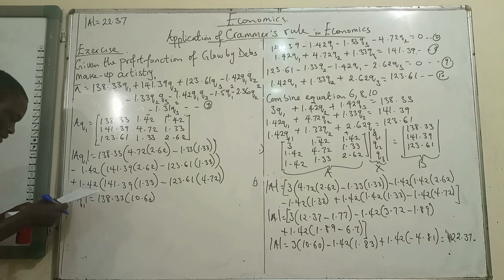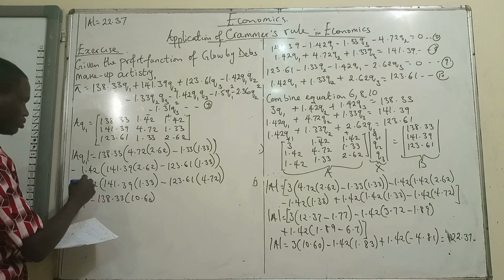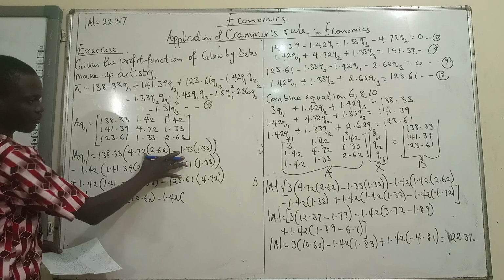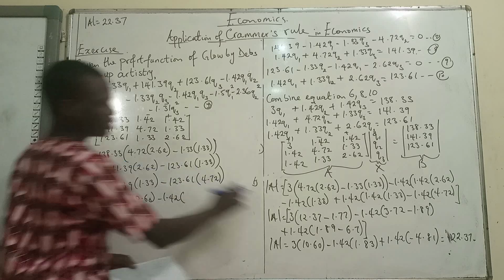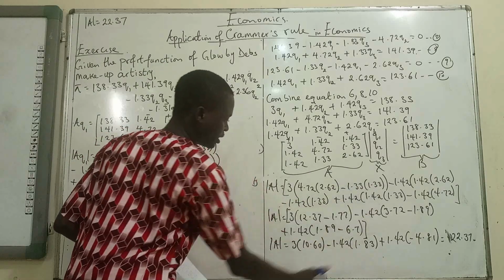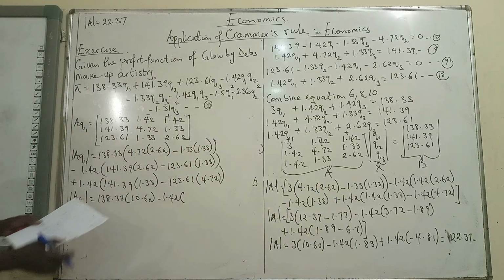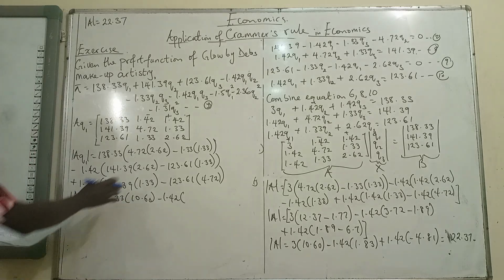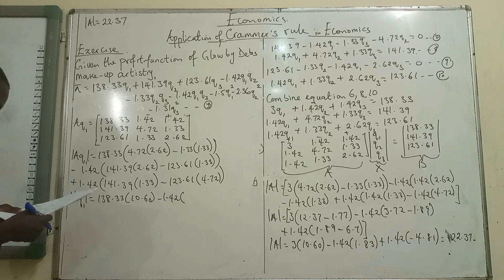And then minus 1.42. You know, we've done this before. So 4.72 times 2.62, that was what we had inside this place. So you could easily write 10.60 because that's what we got at the end of the day. Alright, so instead of solving again, minus 1.42 into brackets 141.39.